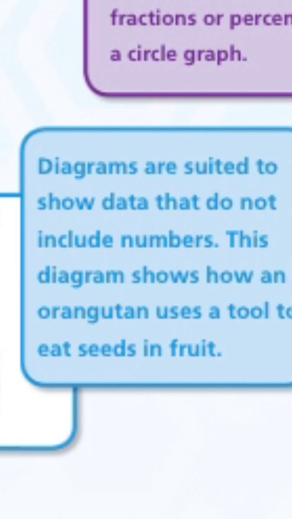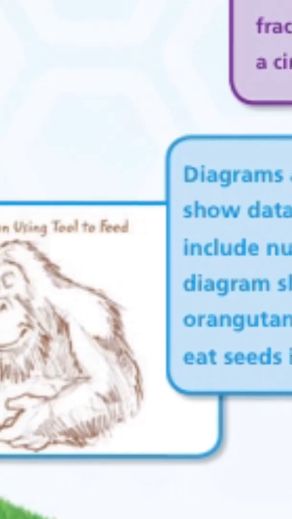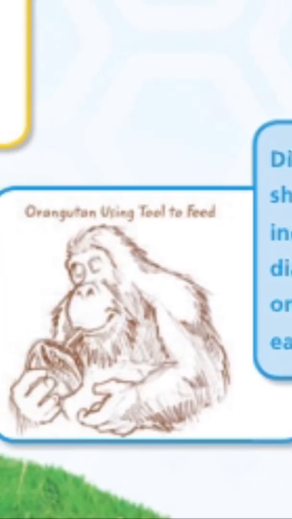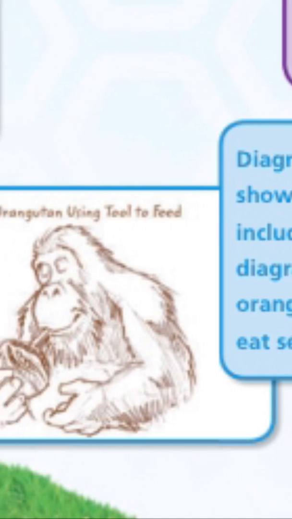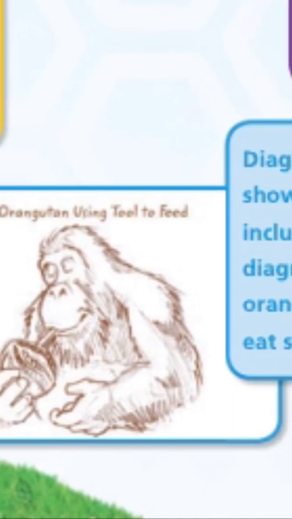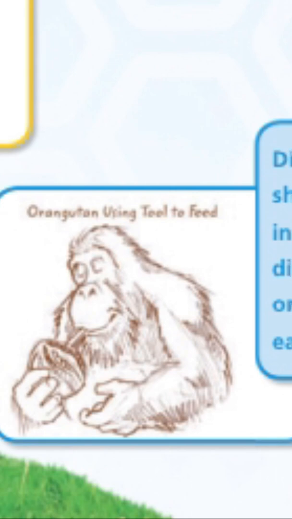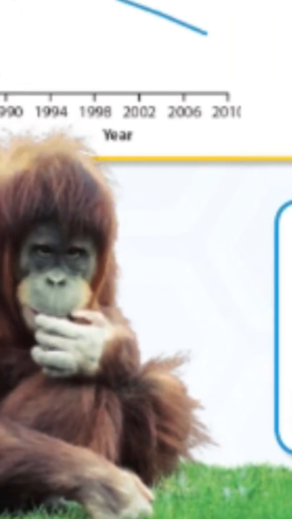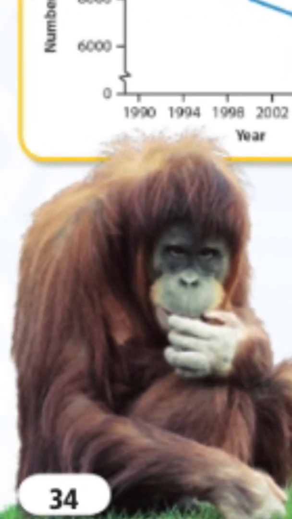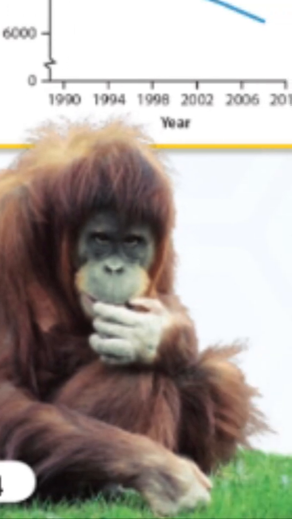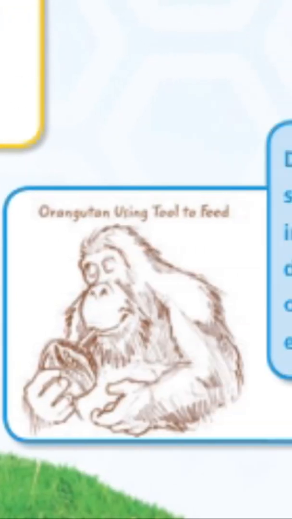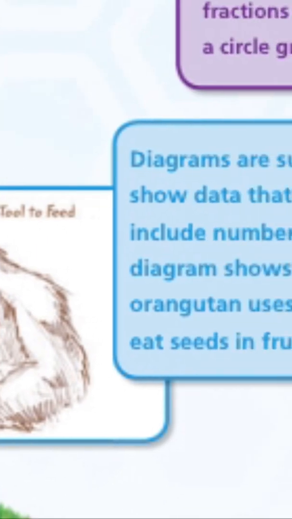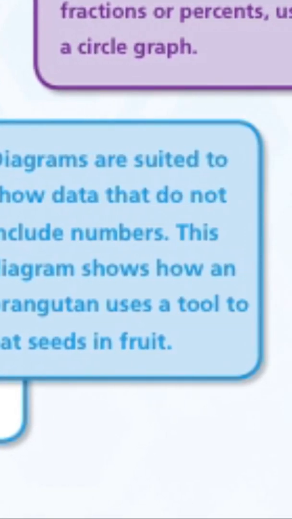Diagrams are suited to show data that don't include numbers, like this. For example, we have a diagram for an animal that uses a tool to eat food. This is the original picture, but here this is the diagram. So in the diagram we don't need numbers.